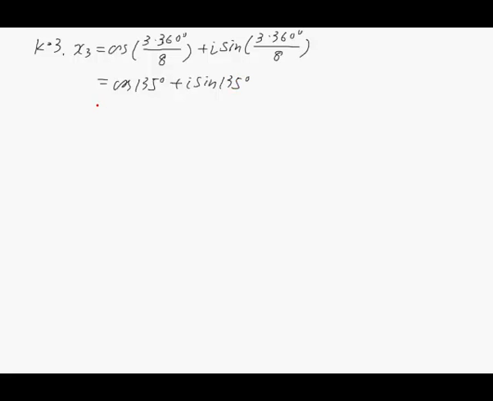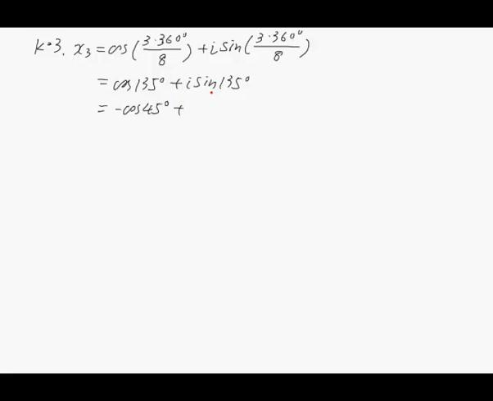The reference angle of 135 degrees is 45 degrees, and in quadrant 2, cosine is negative. So cosine of 135 degrees is equal to negative cosine of 45 degrees.